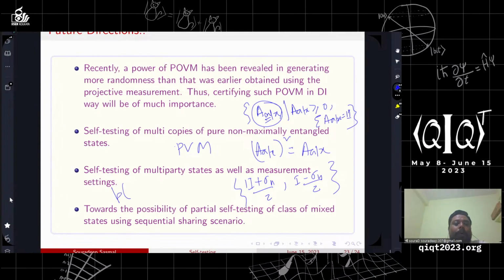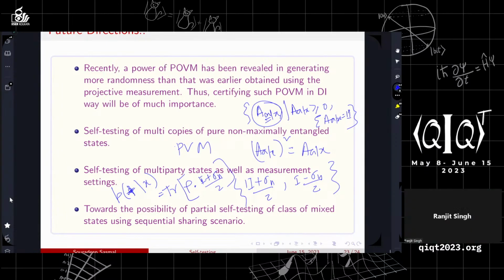Then the probability of obtaining the plus outcome when that kind of measurement is done is given by the Born rule, that is the trace of the quantum state and the measurement, because I want to see the plus outcome, that is identity plus sigma x by 2. So thank you.